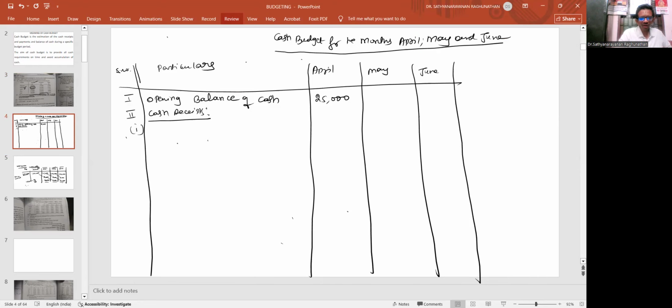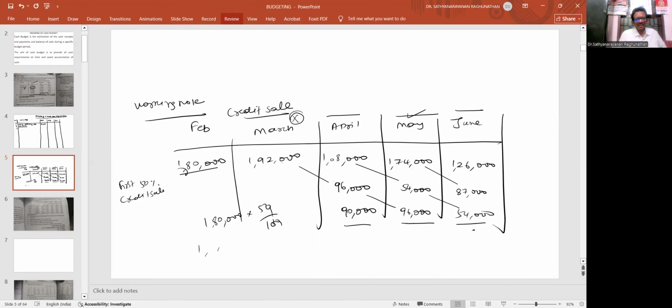Now the second 50%, the other 50% in the second month following. The second month following means February month sale you receive only in April, March month in May, April month in June. Second month means 2 months lag. So February you are getting in April, March in May, April in June.